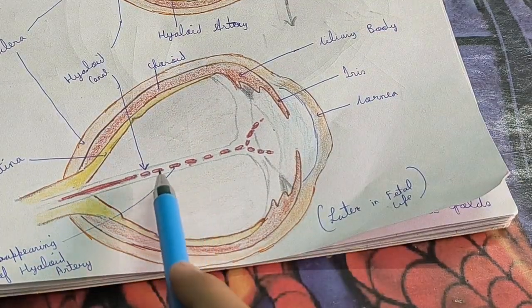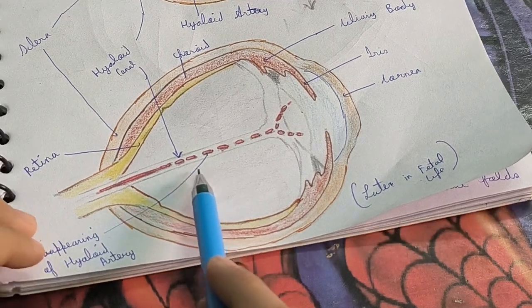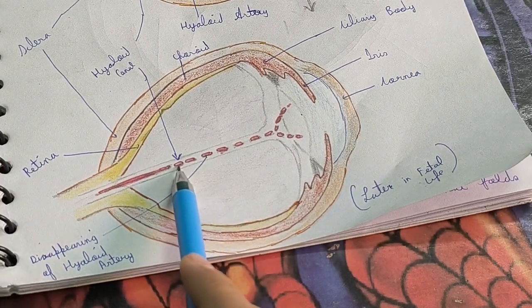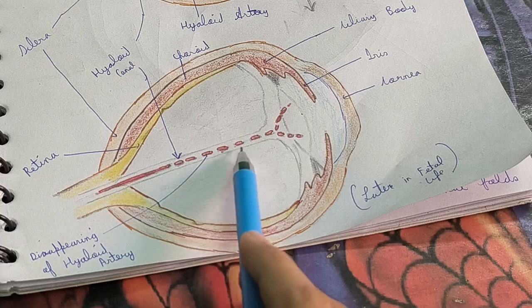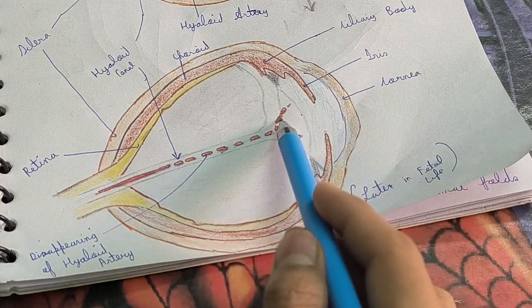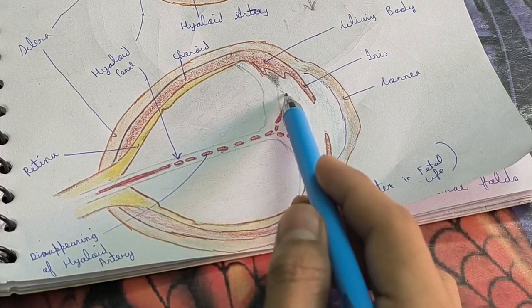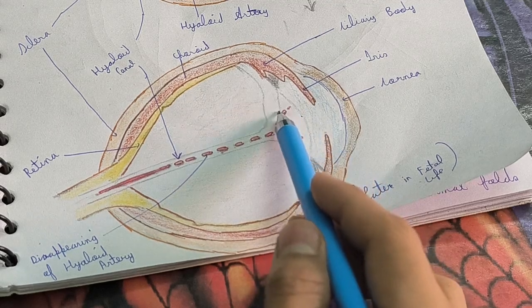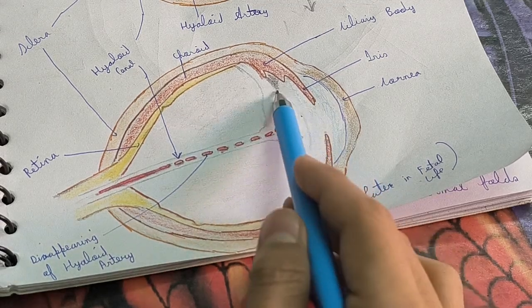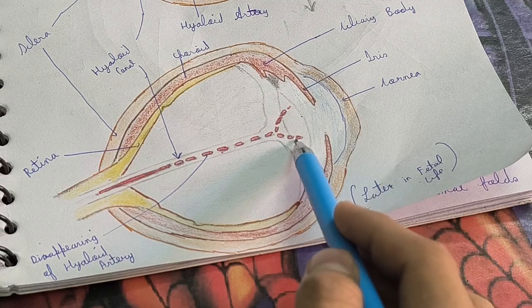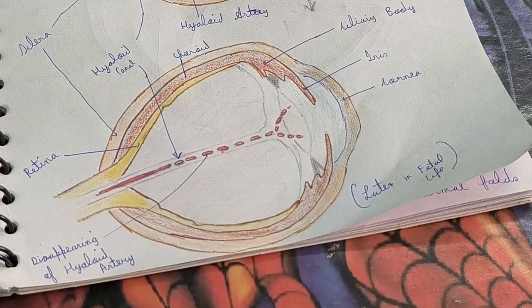You can notice that slowly this hyaloid artery which was developed is disappearing, and as a result the vascular capsule which was there around this lens vesicle is also disappearing, but only the hyaloid canal remains.